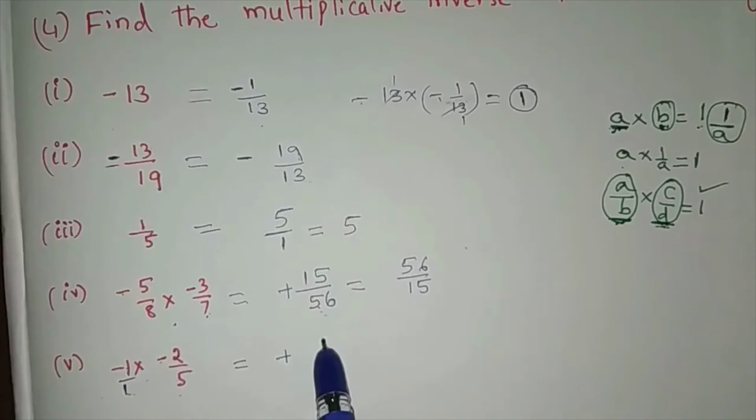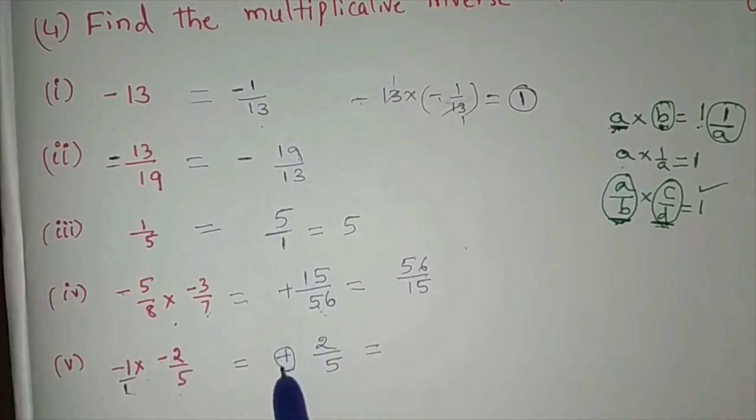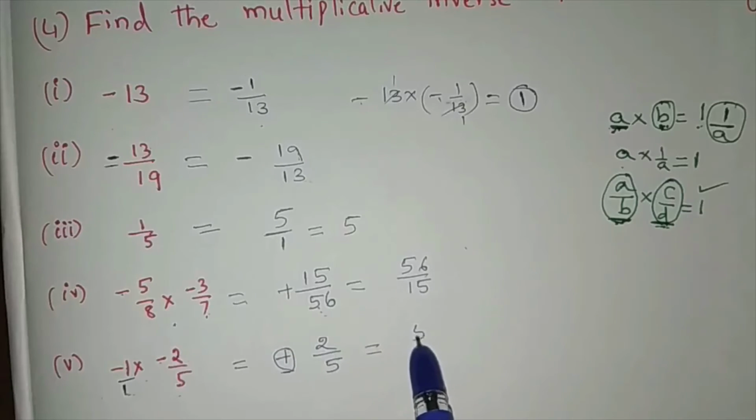So 2 into 1 is 2, and the denominator is 5 into 1 is 5. So the value of the given expression is 2 by 5, the sign is plus. So the multiplicative inverse of 2 by 5 is 5 divided by 2. It is plus sign. No need to change the sign.